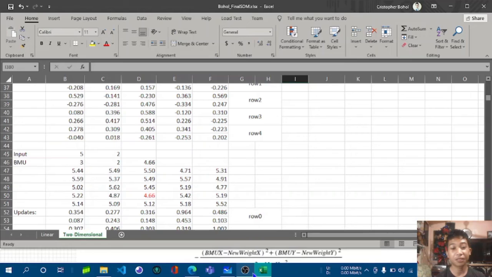So that means that my new neuron would become different, and also my updated weight. Maybe this 5 and 2 would have 4.66. It would not be the minimum of this set of inputs. So that would be all. Thank you for listening.